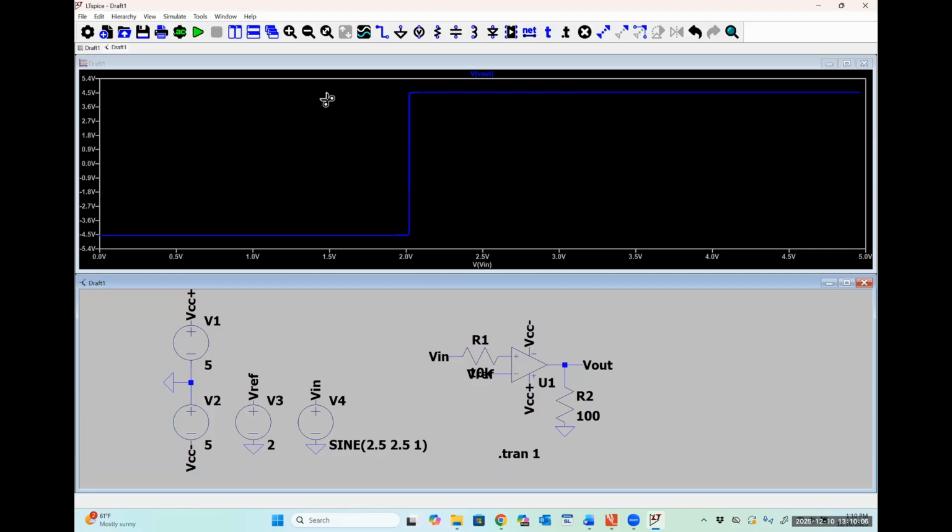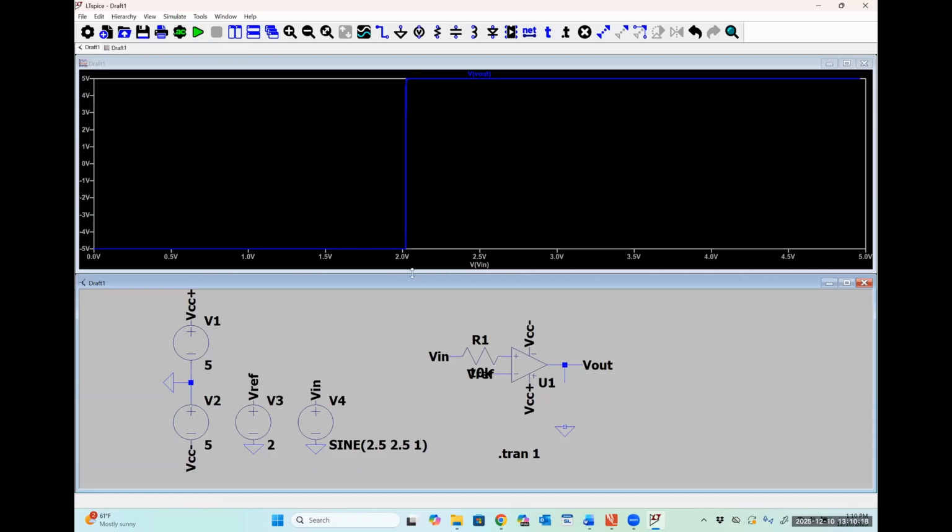So this is the behavior that we were expecting. And just for the hell of it, if I erase this resistor right here, because it's the one that's causing it to act a little bit wonky, we now see that it's pretty much the -5, the +5 centered around 2, like we would expect.